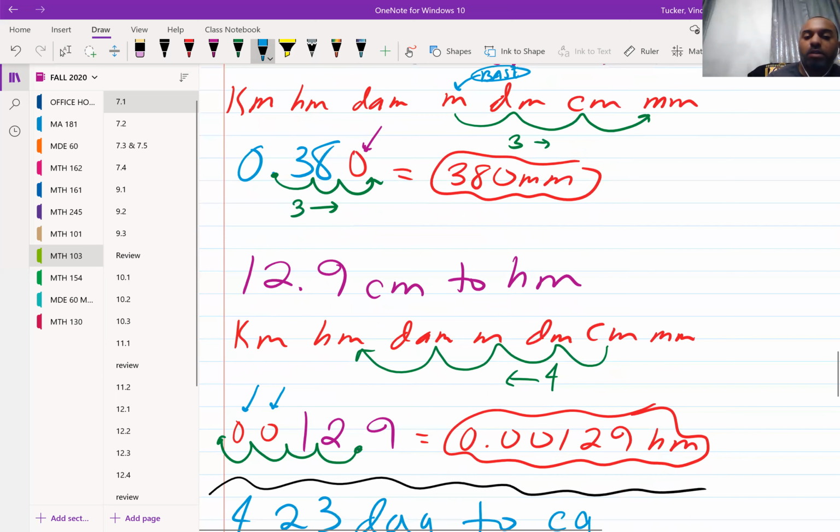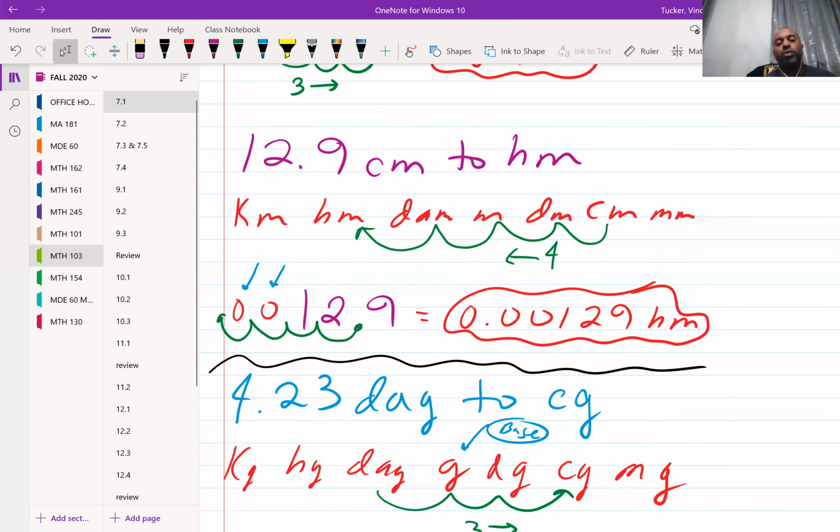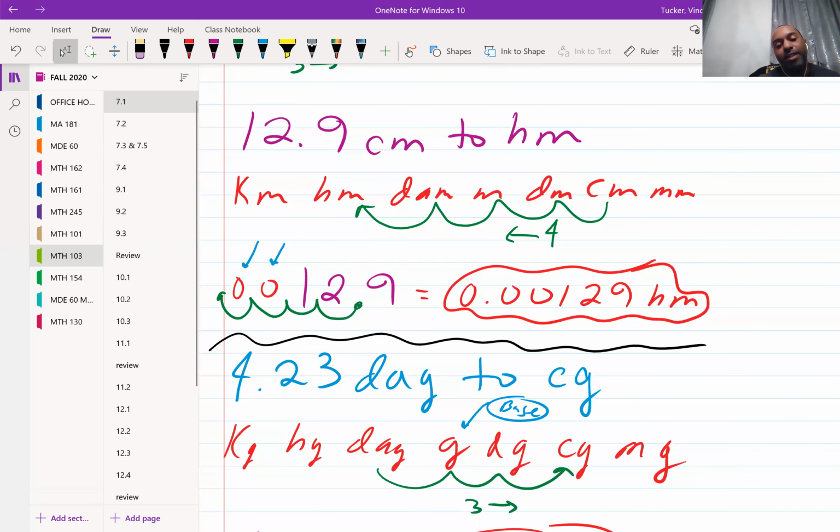All right, same thing with grams. So if I have 4.23 decagrams, you want to go to centigrams. The only thing that changes is that we are using G's, grams, instead of meters. The process is still the same. Kilograms, hectograms, decagrams, grams, decigrams, centigrams, and milligrams. So how many spaces do I move to the right in order to get to centigrams from the decagrams? And it's 3. I went 3 to the right.